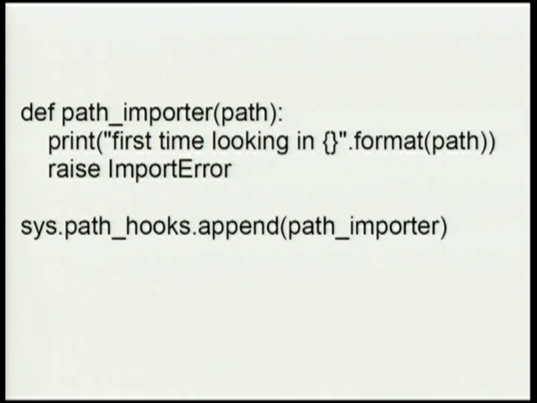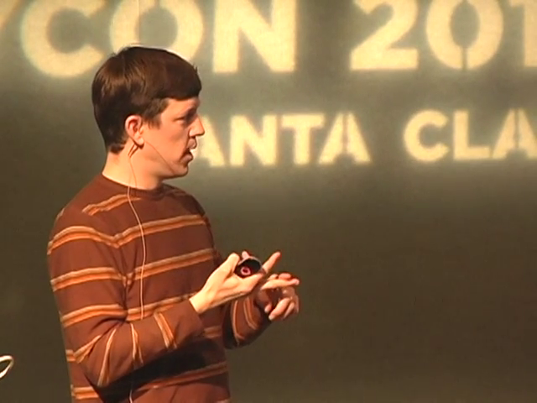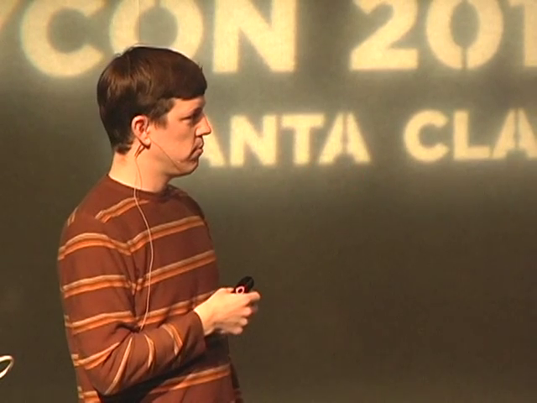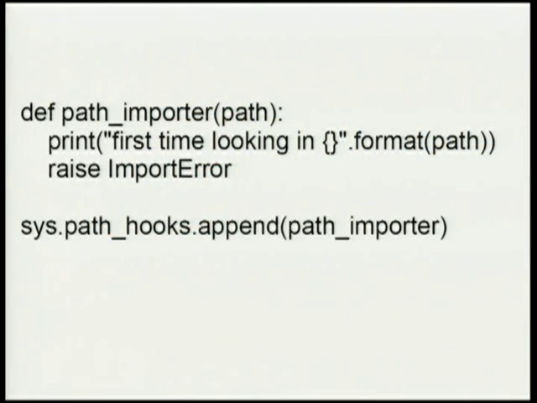We know it's the first time because the import error will say we don't know what to do with it, move on to the next one, and eventually it'll either blow up or it'll get some other hook that it's going to use, the default one really. So we know that, and then that'll get cached, so we know that this will get used only the first time. It couldn't find it already, which is kind of nice. So we can keep track of when a path is getting imported on for the first time. But it's really straightforward. You throw that into sys.path_hooks, and it's going to work.